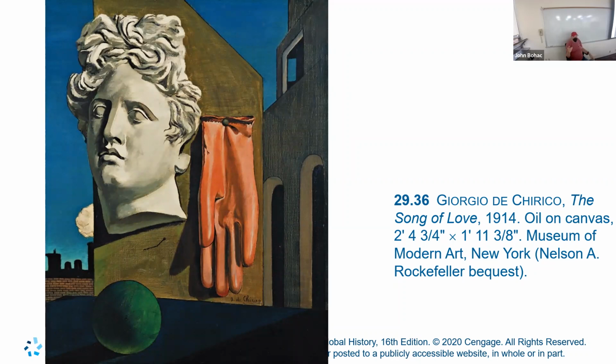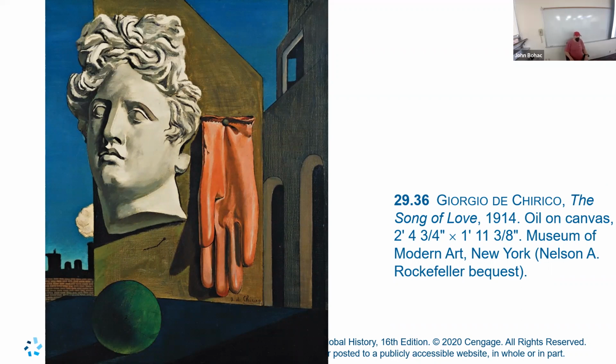And so De Chirico, Song of Love, another Italian artist, was not a futurist. If I could characterize it this way, we see artists, painters and sculptors looking for new avenues of expression, new subjects, new things to paint.